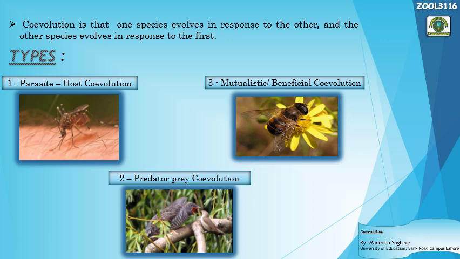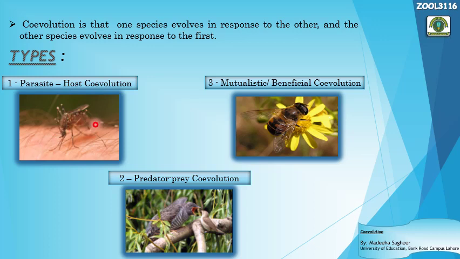If we talk about the types, then majorly coevolution is of three types. Number one, here you can see, is the parasite-host coevolution. Two species have the relationship of parasite and host. One is the parasite, another is the host.